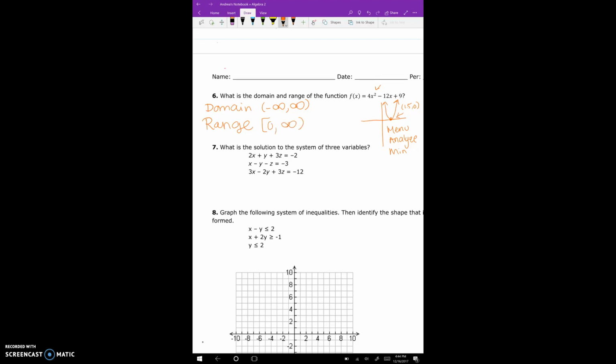For number 7, what is the solution to the system of 3 variables? Now, I can definitely put this one in my calculator as well. This would be under menu, algebra, and solve systems of linear equations.